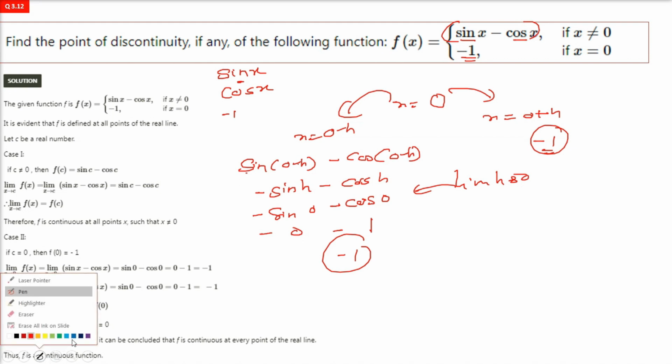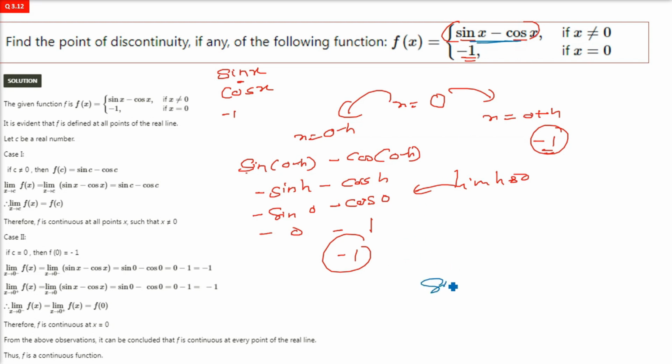We'll check the value of the function at x equals 0, and it is already given as minus 1 in the question. So you don't have to do all this which I am doing right now. It's already given that at x equal to 0, the value is minus 1. So minus 1, minus 1, minus 1, all these are the same. So it is continuous everywhere.